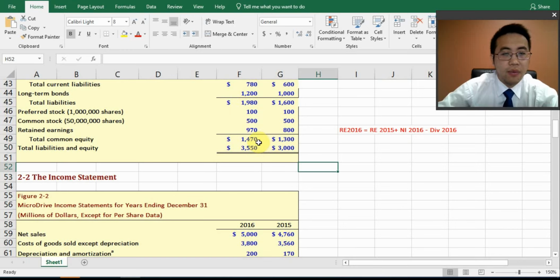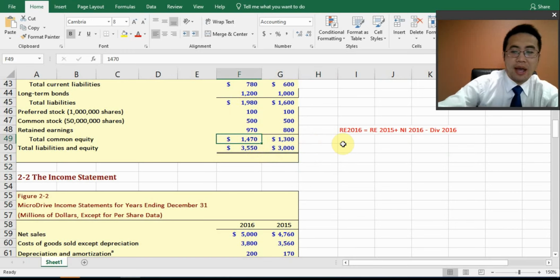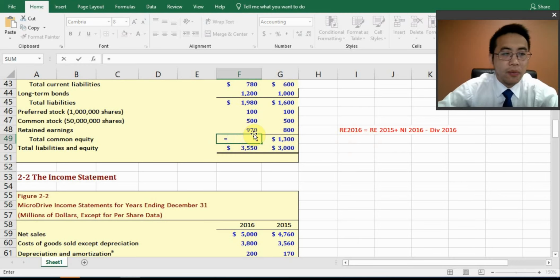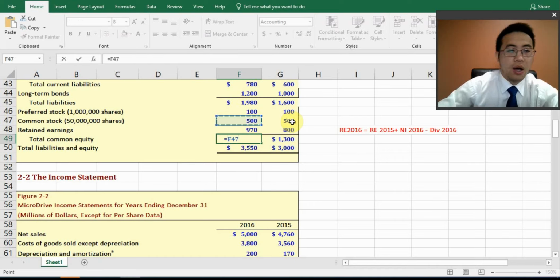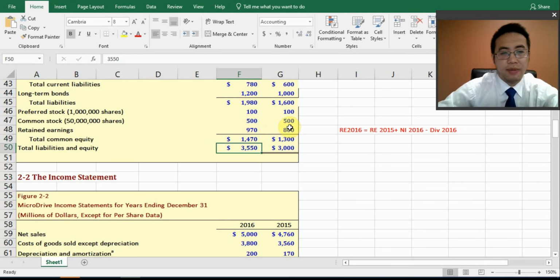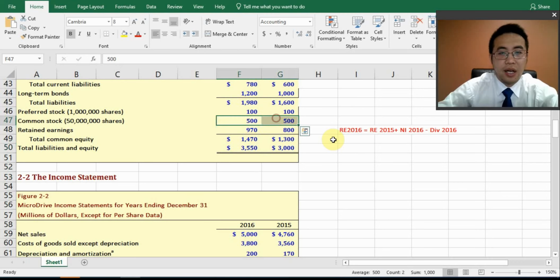All right, and then we move down to the balance sheet. So for your total common equity, it is the common stock plus the retained earnings. So the common stock is the book value when the stock was first issued. And it just maintained the same level because there's no new issuance of stocks during the 2 years.